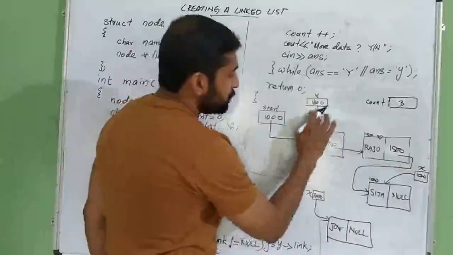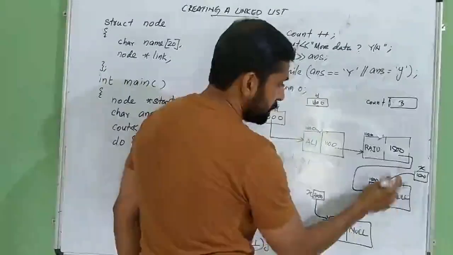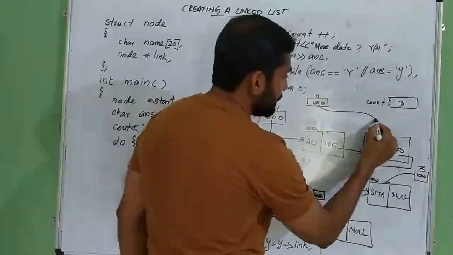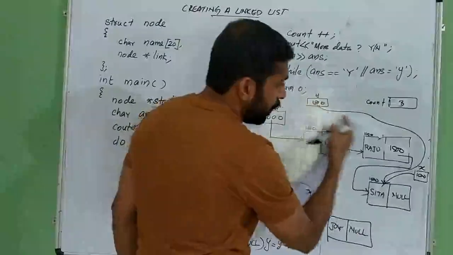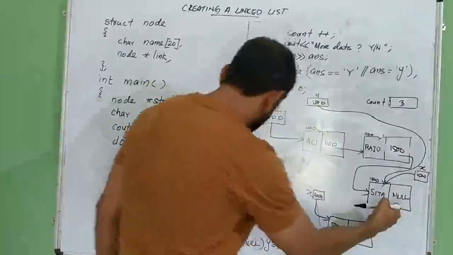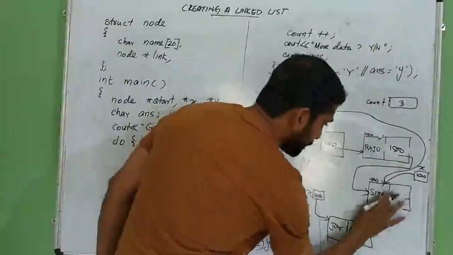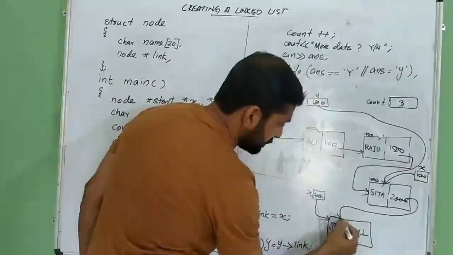Here it is not null, so it becomes 1500. So it points to this. Now y dot link, it's null. So what happens? y dot link equal to x. So here 2000 will be stored. So this points to this.